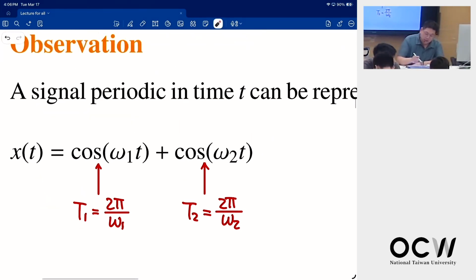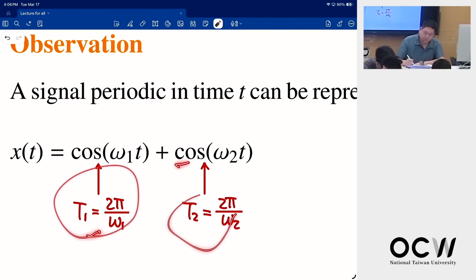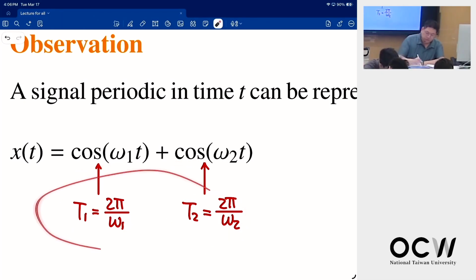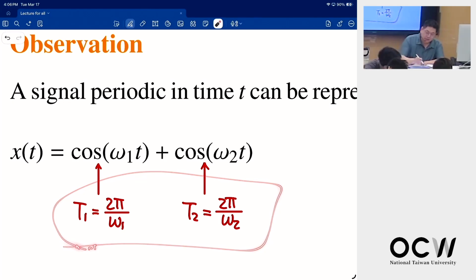I have my own period, you have your own period. But overall, if I want to say that this is a periodic signal, I need to find the common thing here, right?